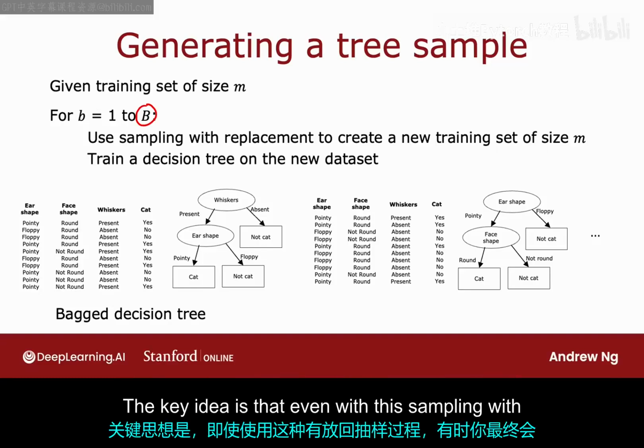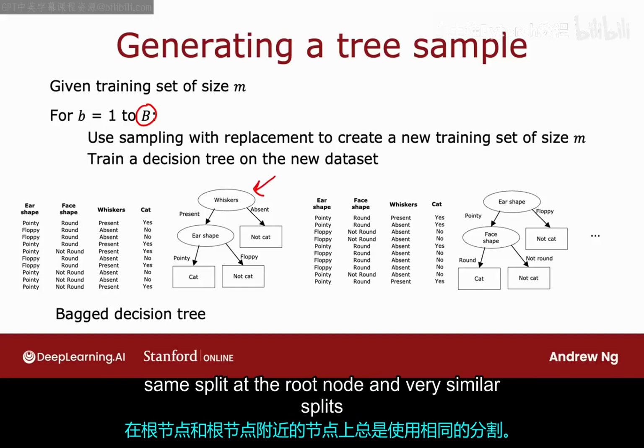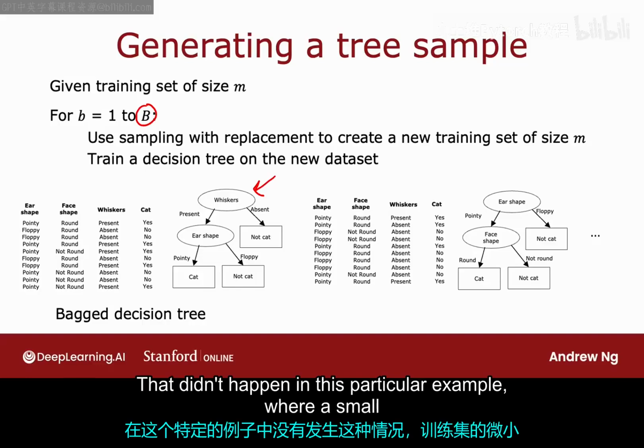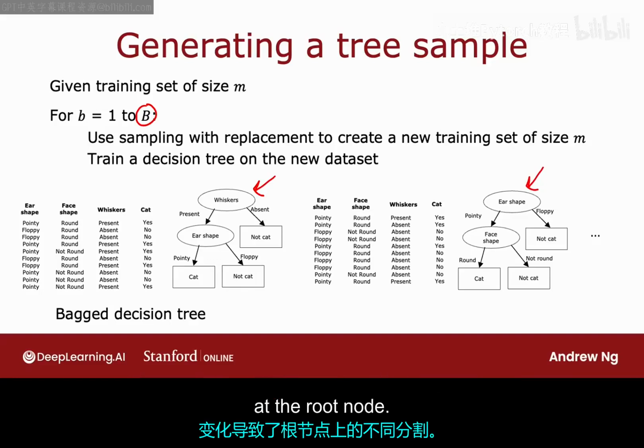The key idea is that even with this sampling with replacement procedure, sometimes you end up with always using the same split at the root node and very similar splits near the root node. That didn't happen in this particular example, where a small change to the training set resulted in a different split at the root node.